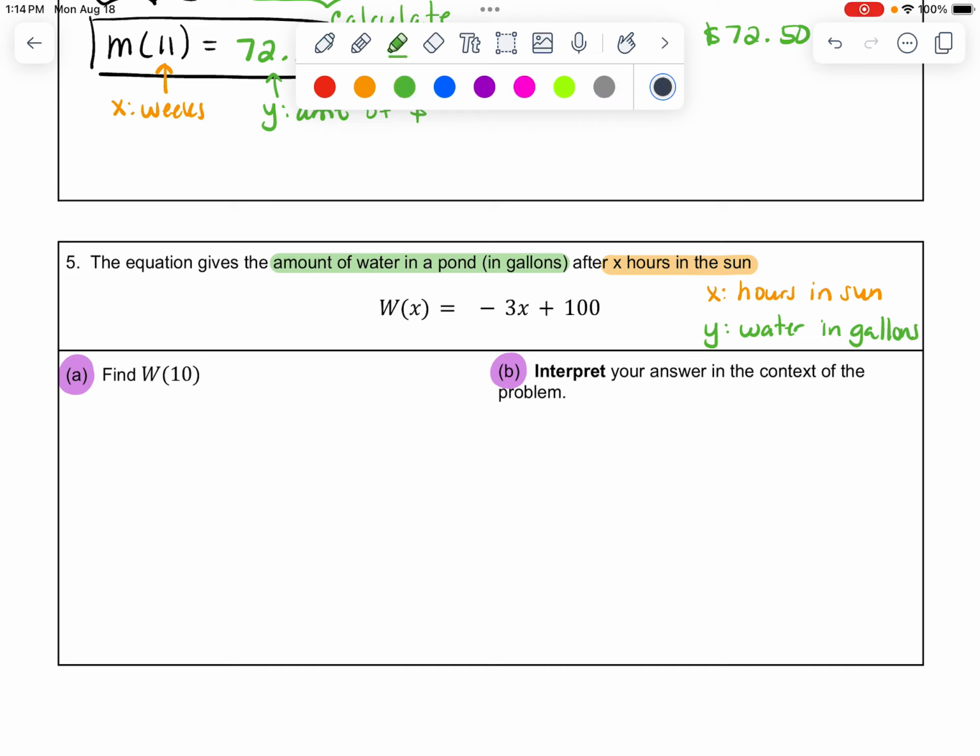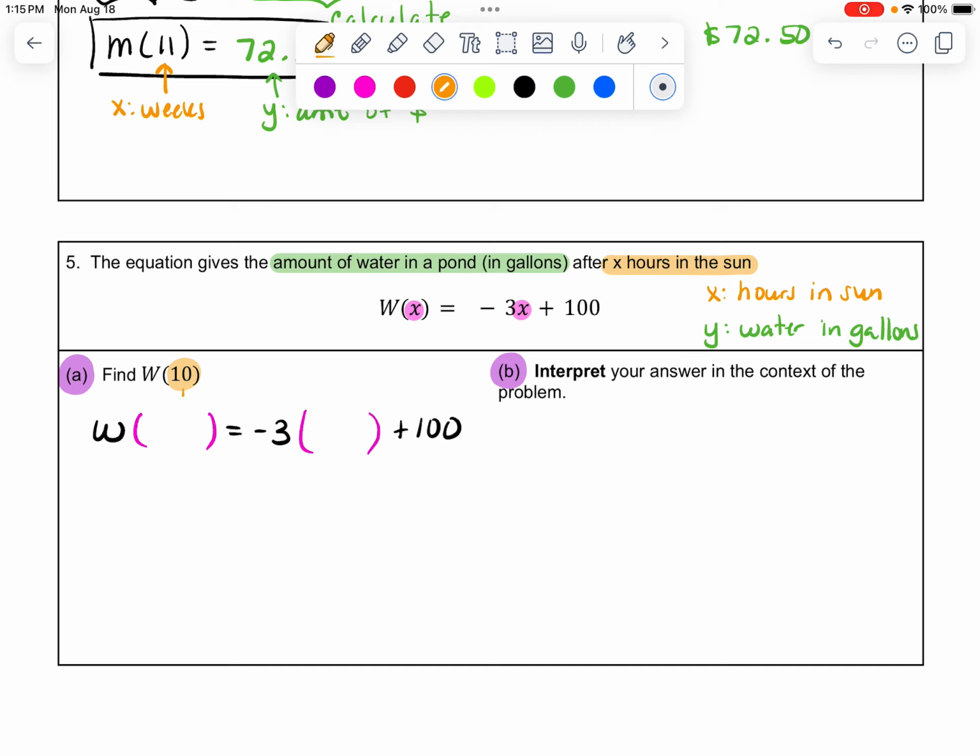Now, it wants me to find W of 10. That means I want to plug the number 10 into the equation. So I'm going to go ahead and copy the equation, and all of the X's I'm going to replace with big empty parentheses. That means I'm going to have an empty parentheses here and one here. So I'm going to have W parentheses equals -3 parentheses plus 100.